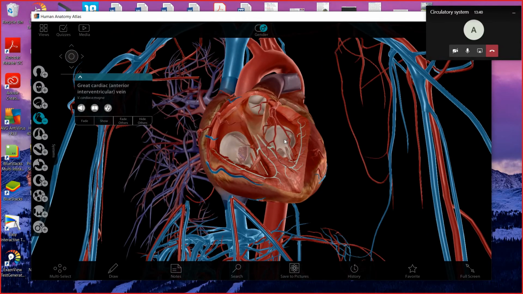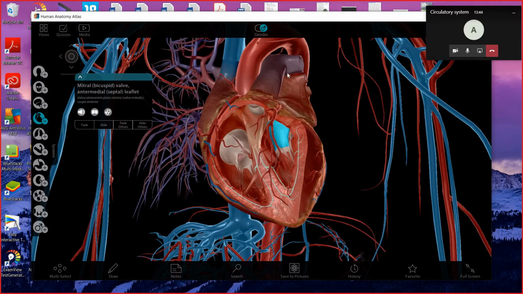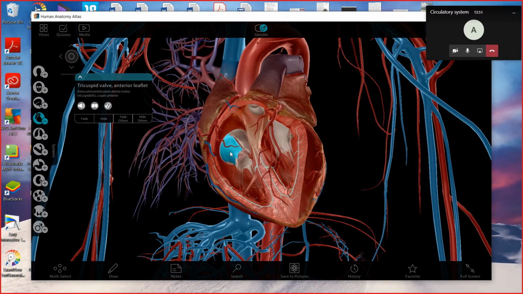We have four valves. Number one, the mitral valve, which is between the left atrium and the left ventricle, and then the tricuspid valve, which is between the right atrium and the right ventricle.